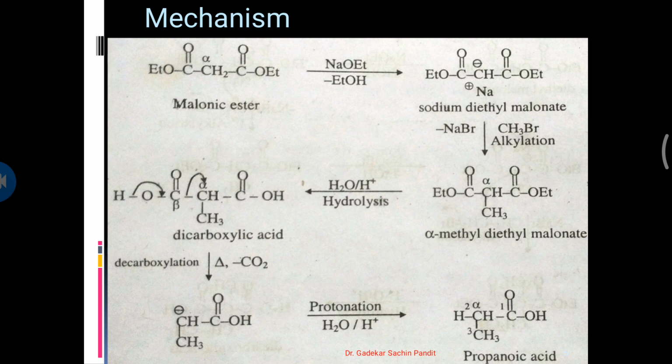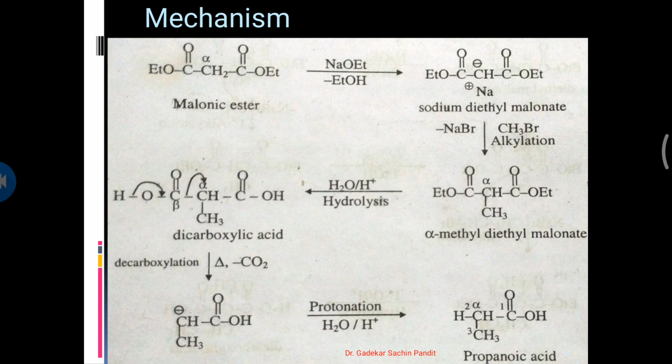Malonic ester reacts with sodium ethoxide or sodium methoxide to form sodium diethyl malonate, that is, malonic ester converts to its carbanion. This anion reacts with methyl bromide in the first alkylation to form alpha methyl diethyl malonate. Hydrolysis then gives a dicarboxylic acid.